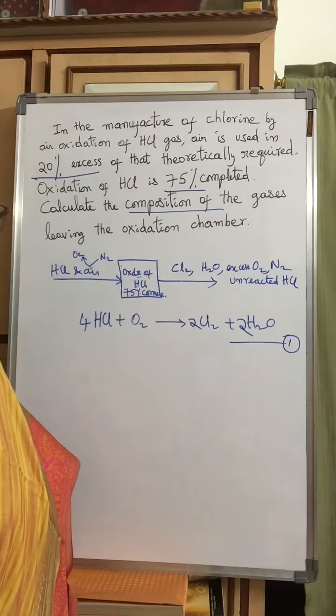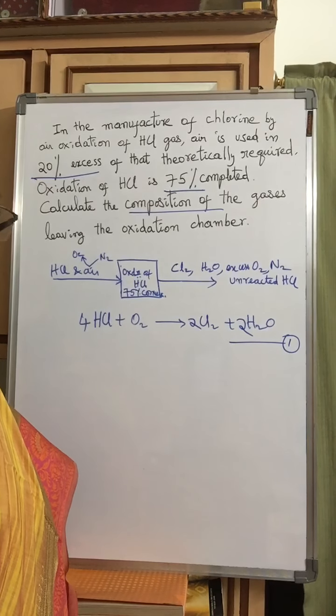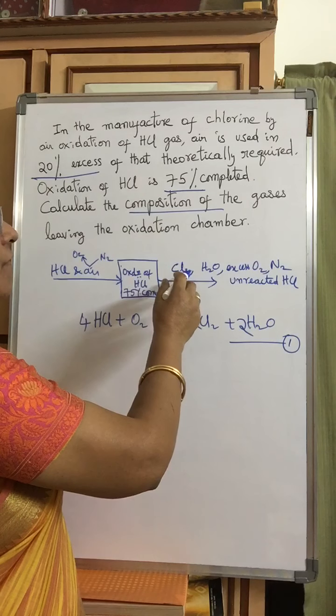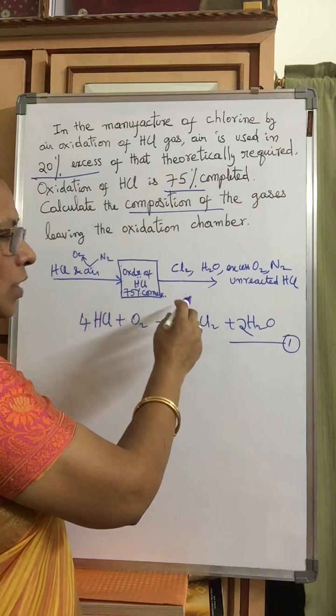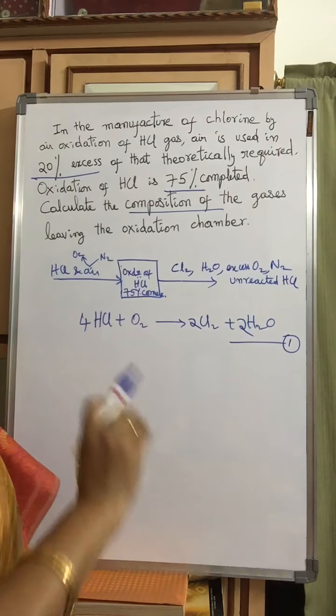First we need to calculate all those leaving moles. Then add up, you will get total moles. Then percentage chlorine leaving is moles of chlorine by total moles into 100, and same thing for the other components. This is our plan.